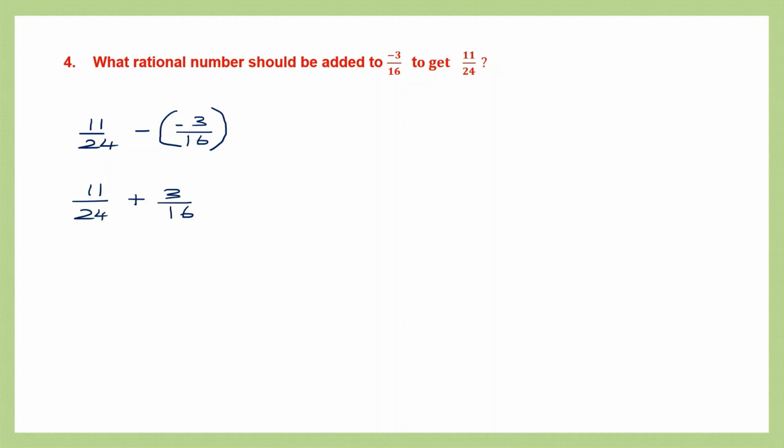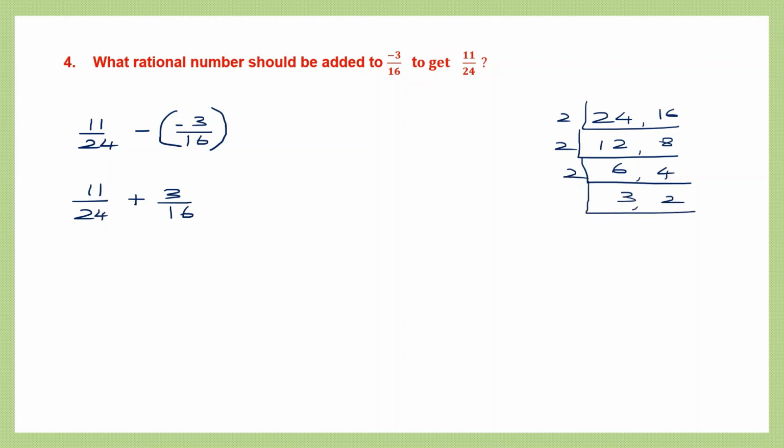Let's find the LCM of 24 and 16. Let's use 2 here. 2 12s are 24, 2 8s are 16. Continue with 2 again. 2 6s are 12, 2 4s are 8. Again we use 2. 2 3s are 6, 2 2s are 4. Continue. 2, we have 3 and 1.